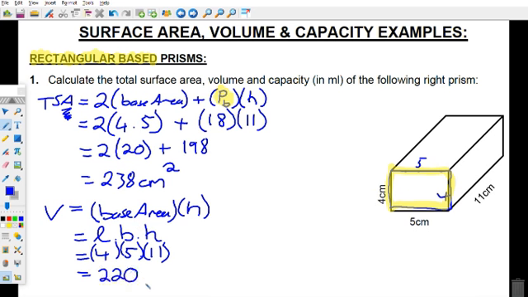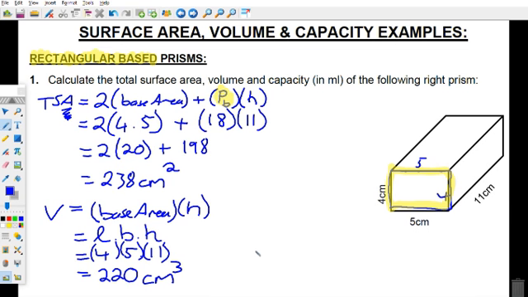What's the unit going to be? Centimeters cubed. So that's the volume. Now we need to change it to capacity. So capacity is liters, things with liters. So we know the conversion, 1 centimeter cubed is how many milliliters? 1.